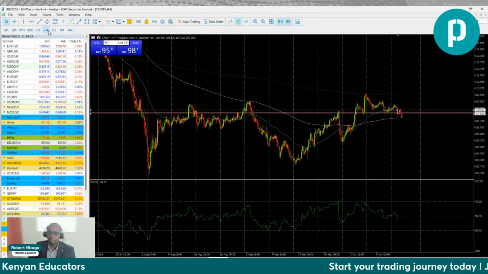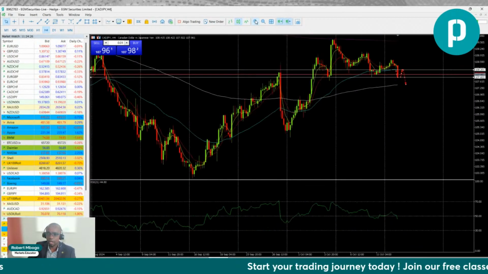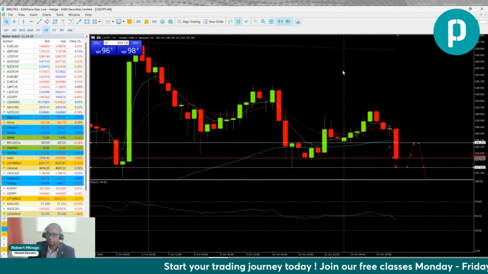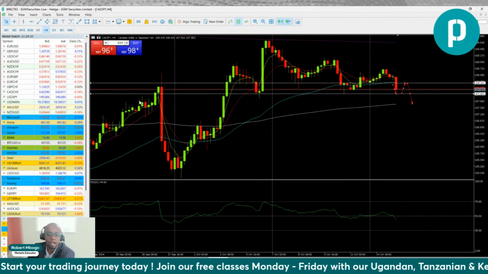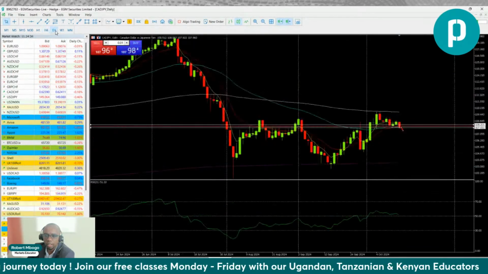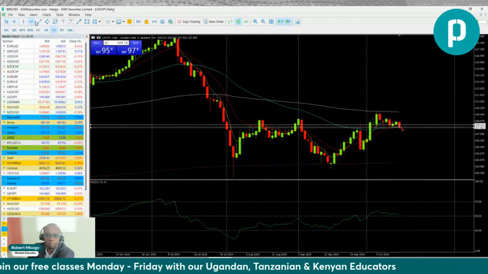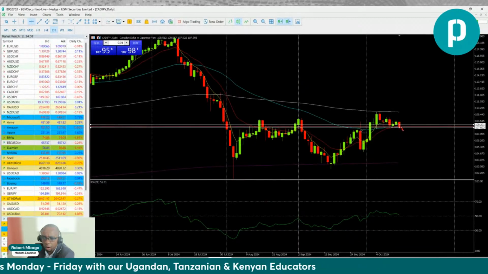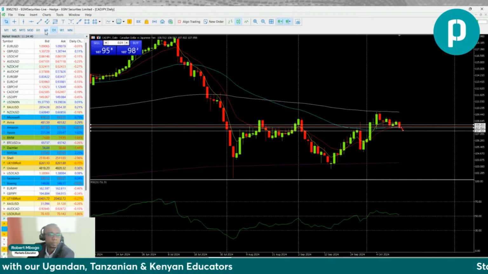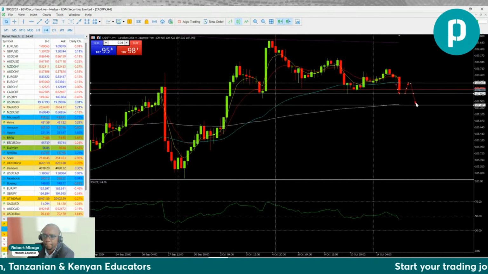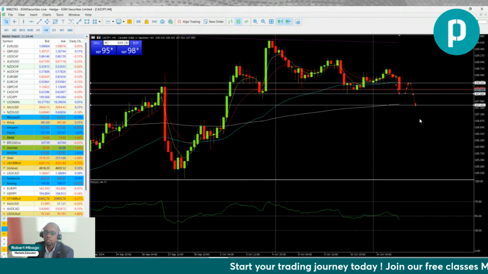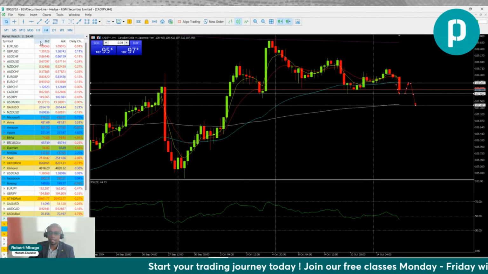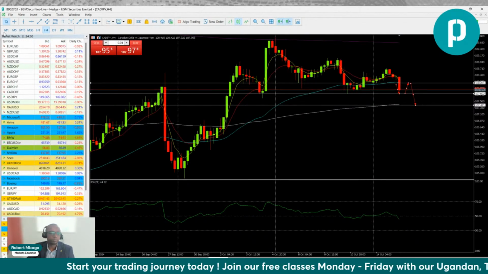That will be my outlook on CADJPY. So a bearish push, bullish, and then bearish push. That's what I would anticipate to see on CADJPY.